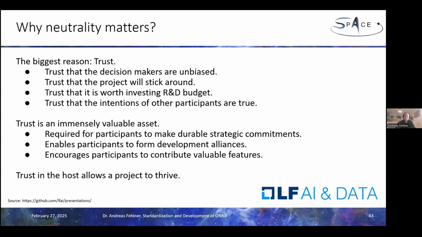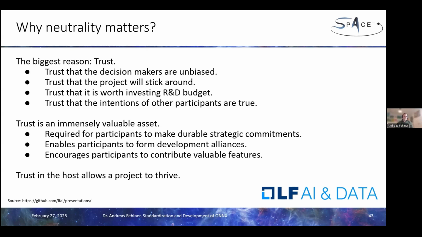And why does neutrality matter? Because the biggest reason, I would say, is trust. The decisions are unbiased. What you see in the steering committee from ONNX, for example, is NVIDIA, Intel, Microsoft. They are competitors in a lot of different fields, so they have to bring a reasonable standard for that.